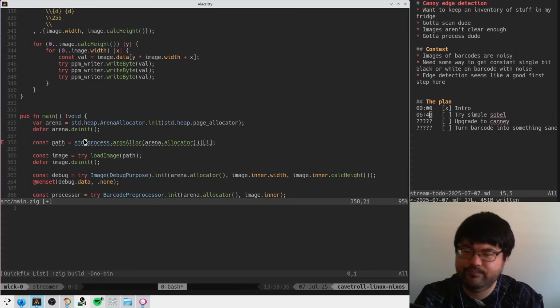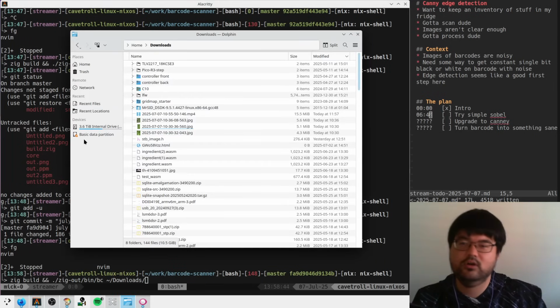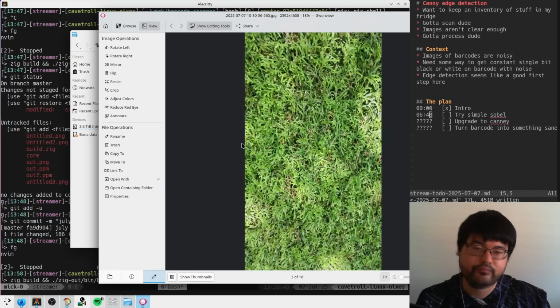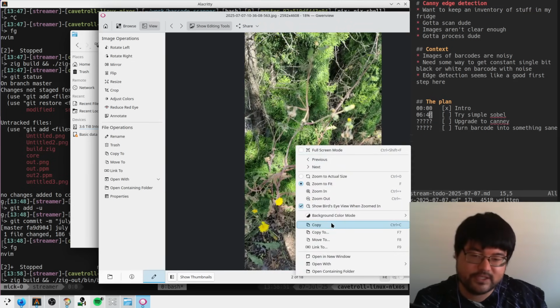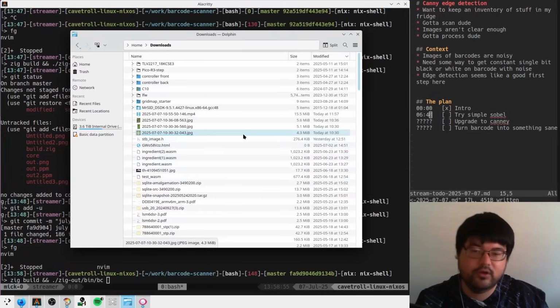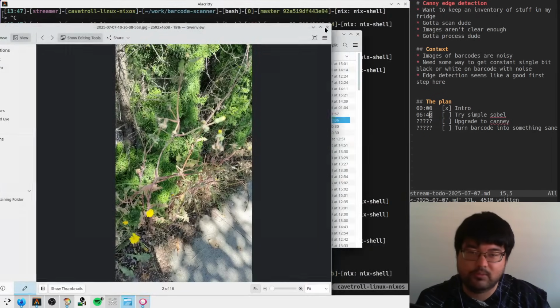We'll just do this for now. Okay. So now I can just pass in whatever picture this was. This one. I like this one the best. Can I copy the path here?